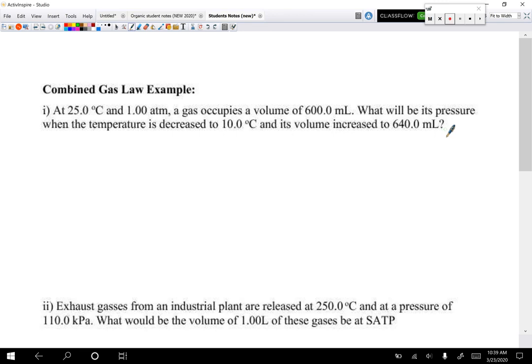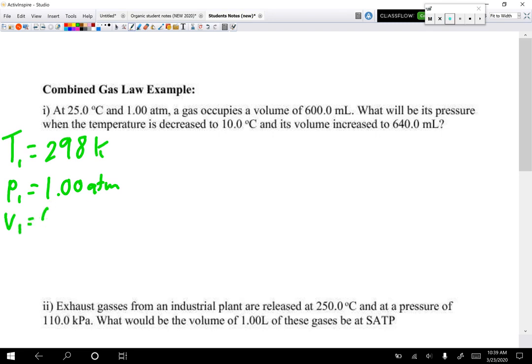So of course, just like before, make sure to write out all of our units. So T1 is equal to, now I'm not going to show the conversion right now of getting it into Kelvin, but we have 25 degrees Celsius, and this is going to equal 298 Kelvin. We have P1 is equal to 1.00 atmospheres, and V1 is equal to 600.0 milliliters.